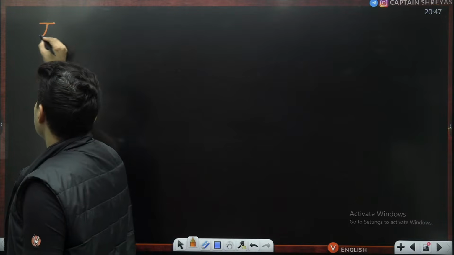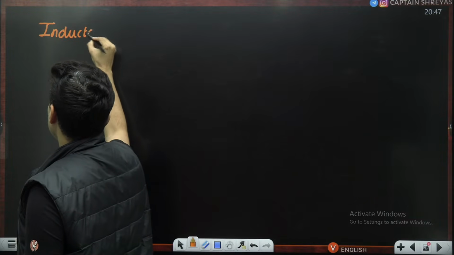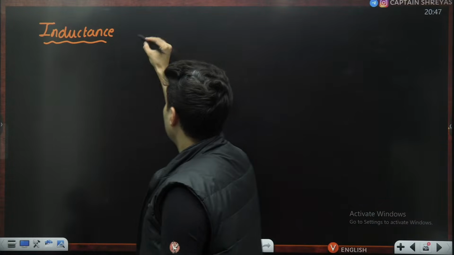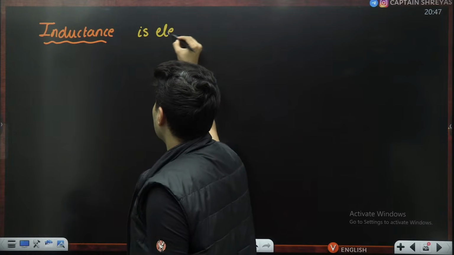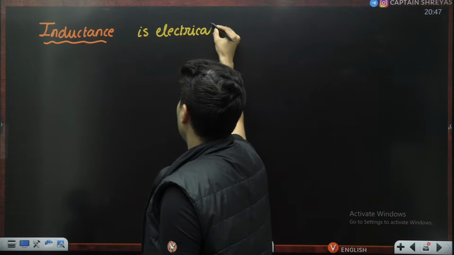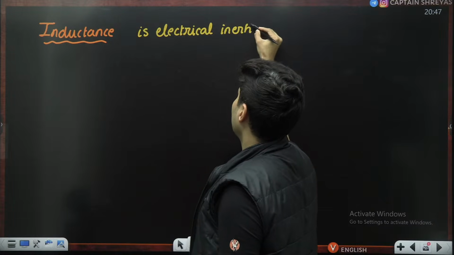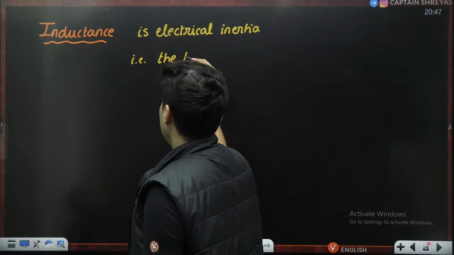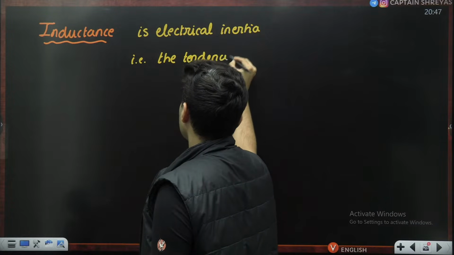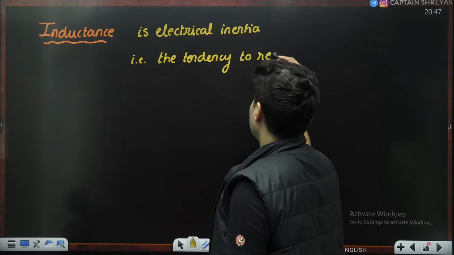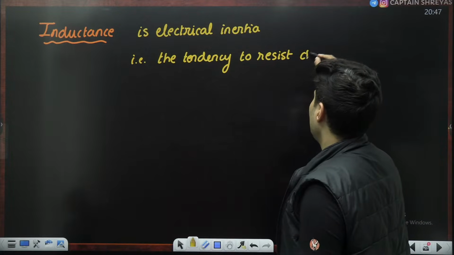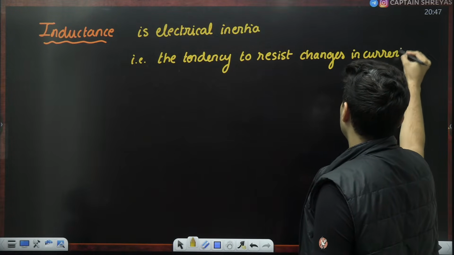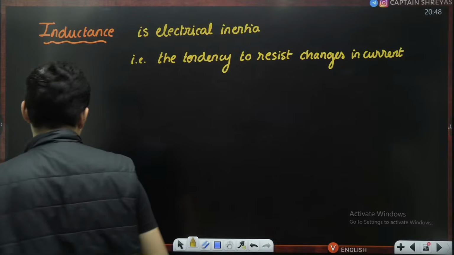So inductance is basically electrical inertia, that is the tendency to resist changes in current. That is called inductance.